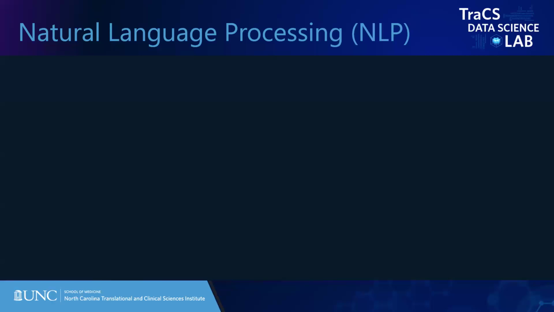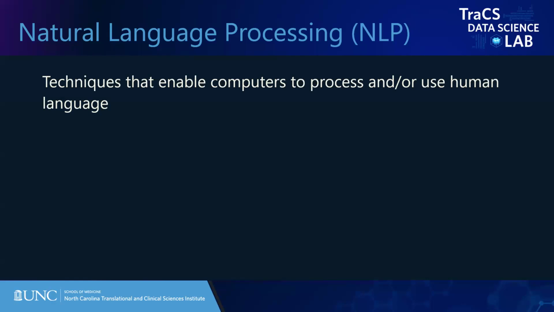And then natural language processing refers to techniques that enable computers to process and or use human language. And this is involved in many forms of generative AI. So NLP is a broad concept, and it doesn't always involve generative AI and deep learning. But the more sophisticated types of NLP that you're likely to hear about or use do involve these techniques.